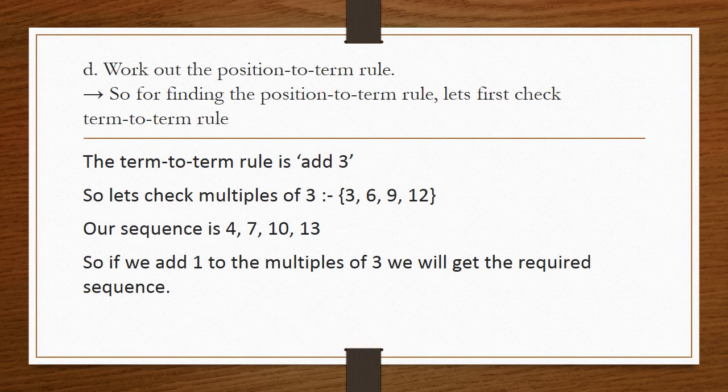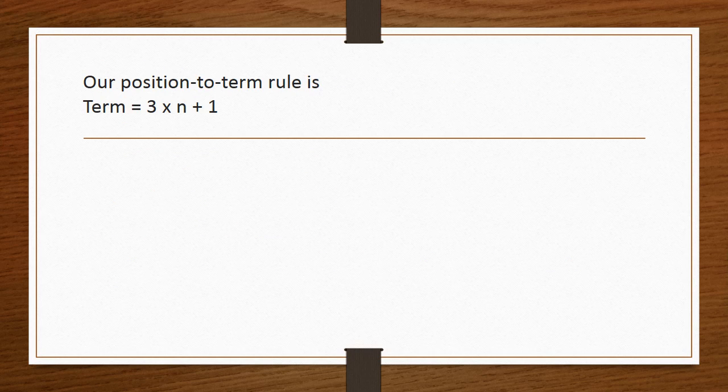So if we add 1 to the multiples of 3, we get the required sequence, and our position to term rule will be term is equal to 3 multiplied by n plus 1. Here n indicates the term number. Earlier we used to write 3 multiplied by position number plus 1. Now in the nth term we are going to write n instead of position number.